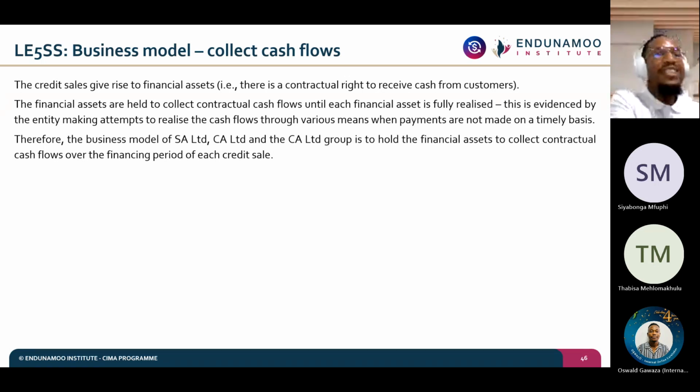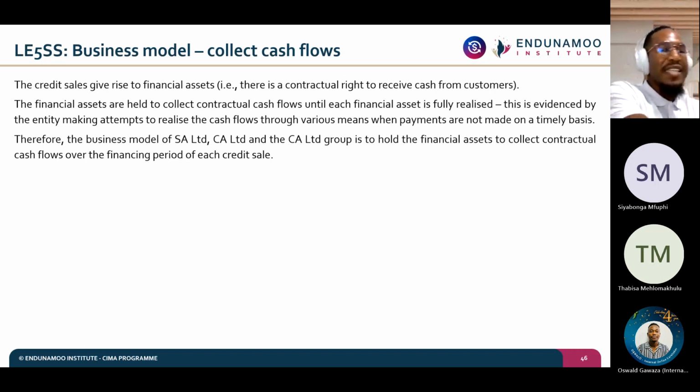SA Limited then does everything it can to collect the contractual cash flows up until the debts are settled by the customers completely. So from SA Limited's perspective, the financial assets being the accounts receivables are held by SA Limited to collect contractual cash flows up until they are completely settled.